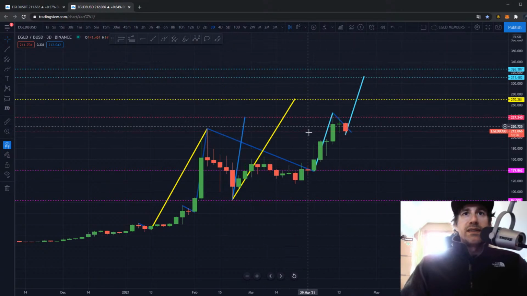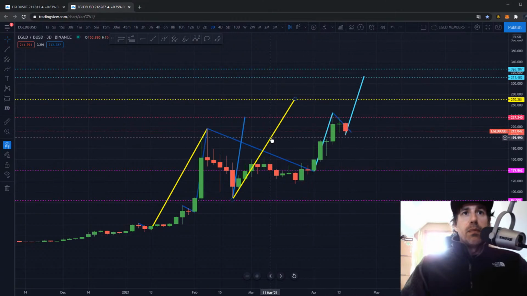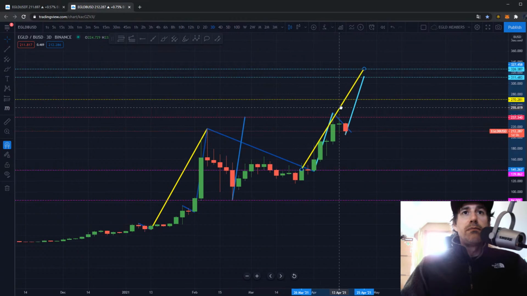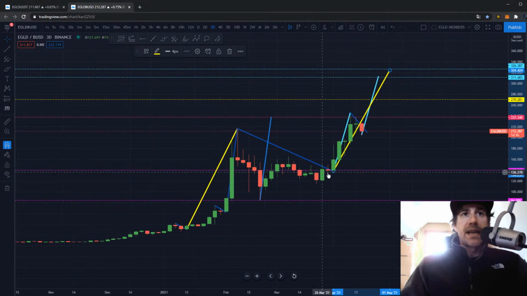But one thing that is very important for you to know is that you must bring the pole right on the bottom of the breakout, where the breakout of the pattern starts.